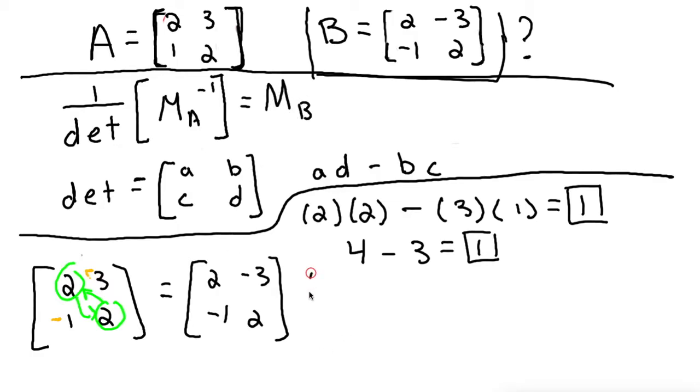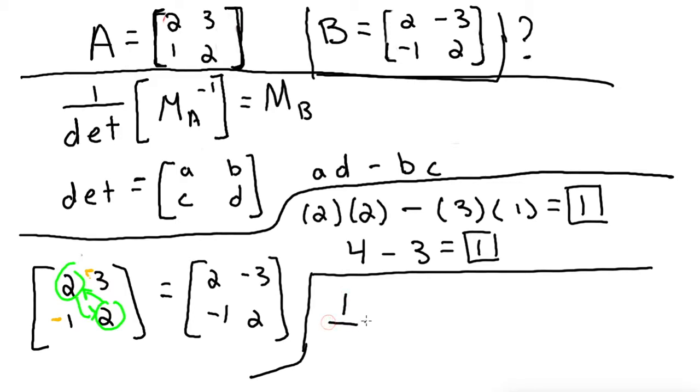So basically, I'm just going to combine this information and this information into this equation, and hopefully we get something that looks like this. So we have 1 over the determinant. The determinant is going to be 1, so I'll put 1 over 1.